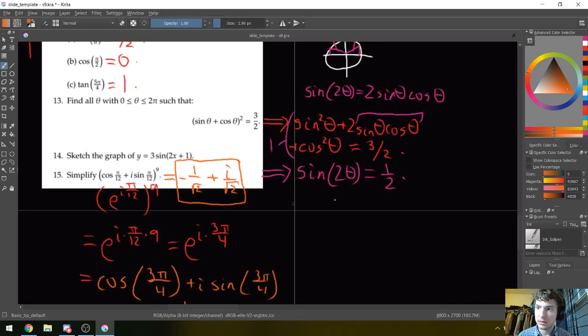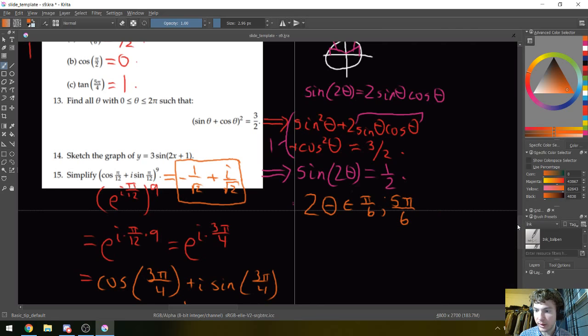You correctly told me that the only angles which output this 1/2 are pi over 6 or 5 pi over 6. But the trick is that since this is twice theta, theta can wrap around the circle.